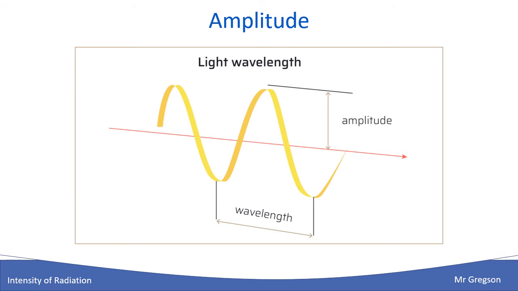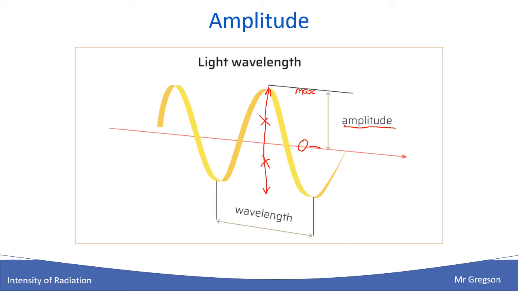Okay, so before we run on too much, just a quick reminder. I keep finding people at GCSE who think amplitude is from the 0 point, so 0 up to the max. Common misconception, people do this. This is incorrect.